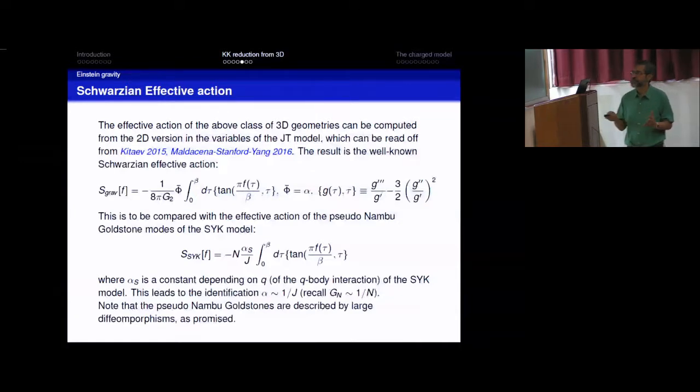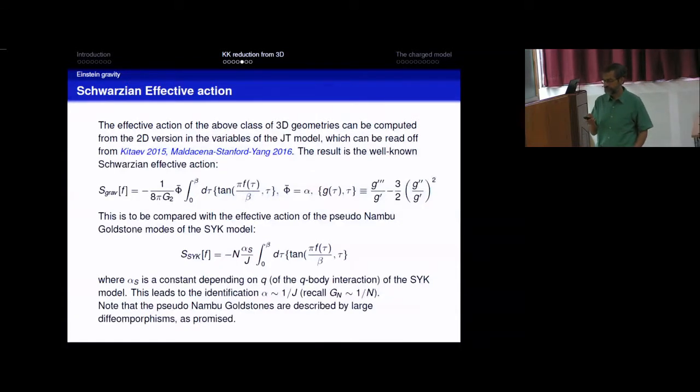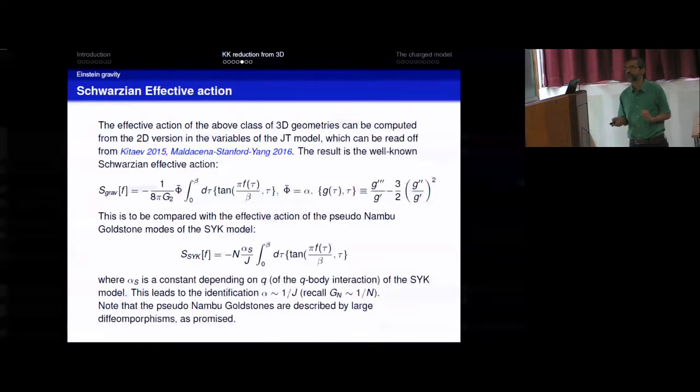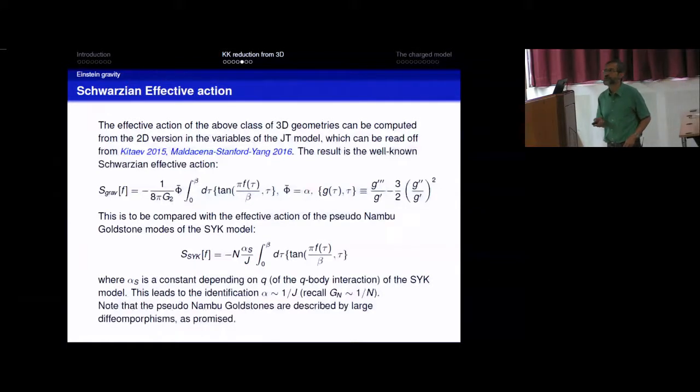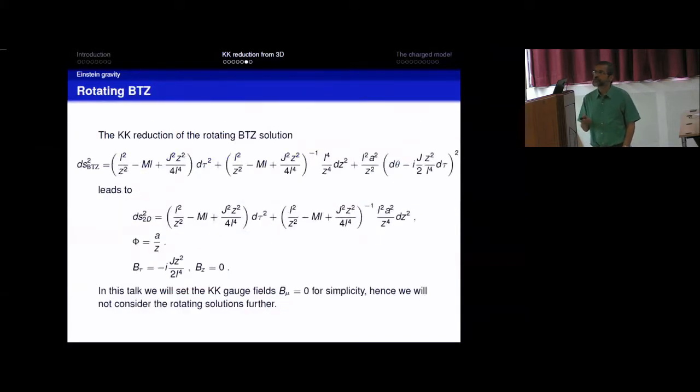You just declare that. So this could all be inferred from the works of Achucarro et al. and Castro et al. and so on, but you have to adapt this to the SYK context.